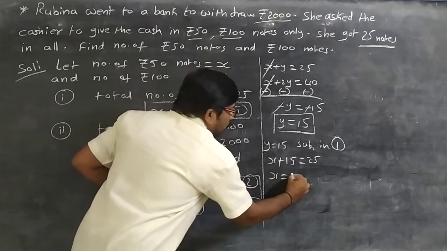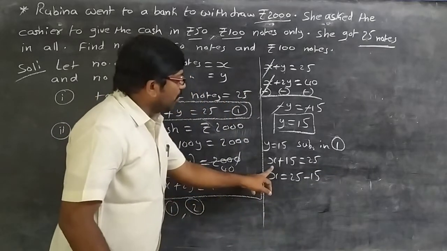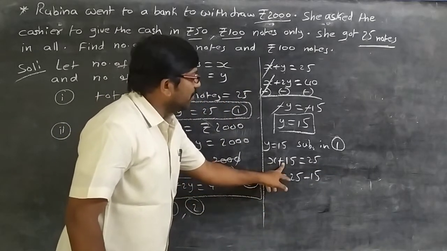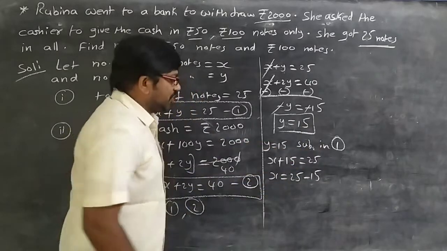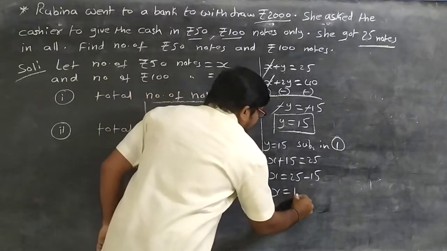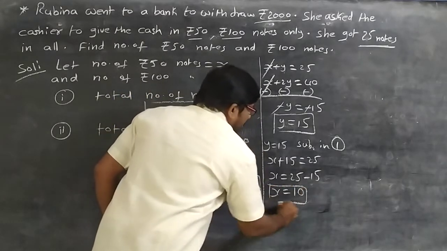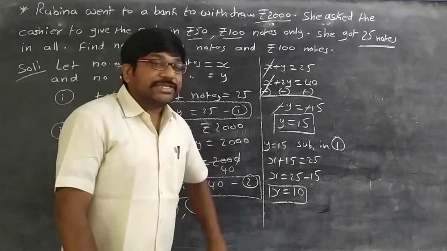Then x equal to 25 minus 15. Here we want x only. Plus 15 will become minus 15 after transferring from left to right. Then x equal to, what is its value? 10, right? 25 minus 15 is 10. So x equal to 10 and y is equal to 15.